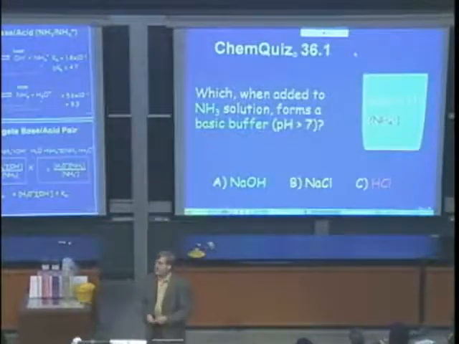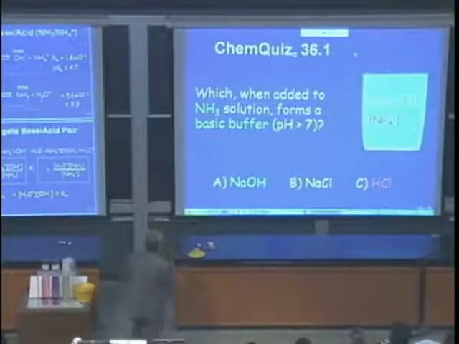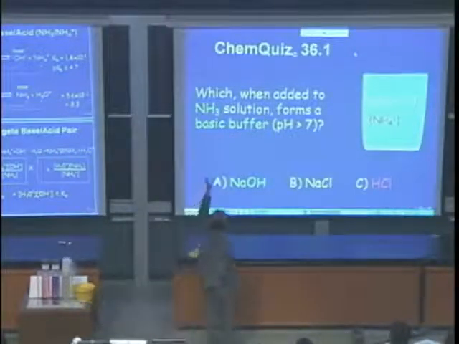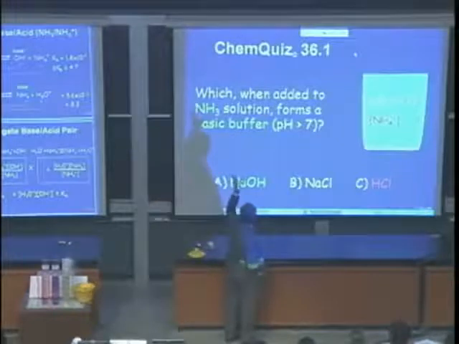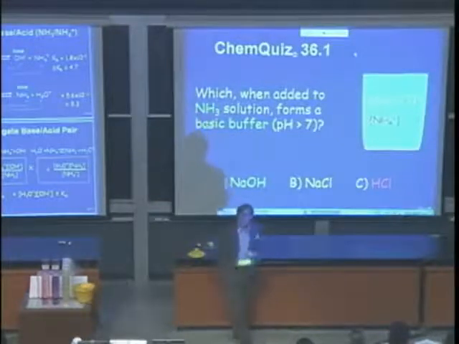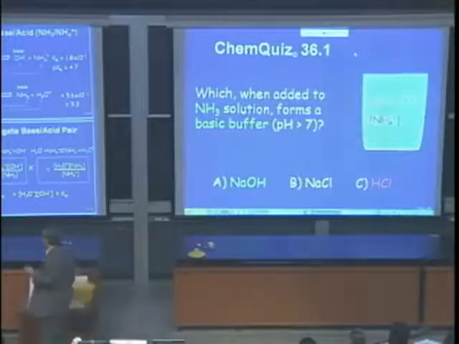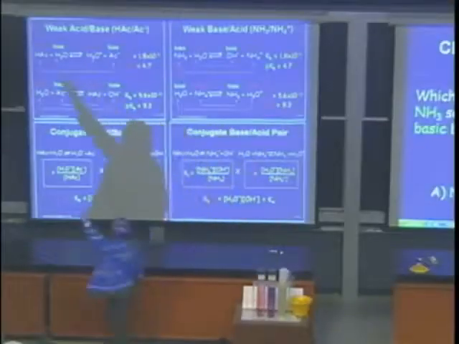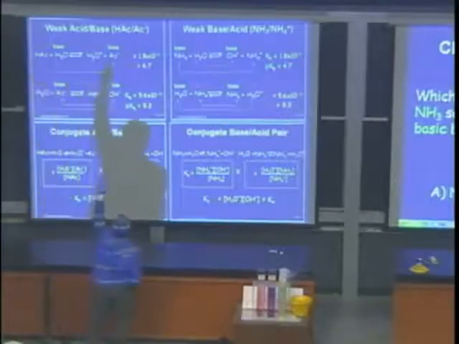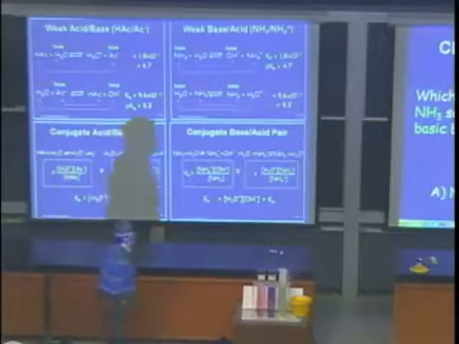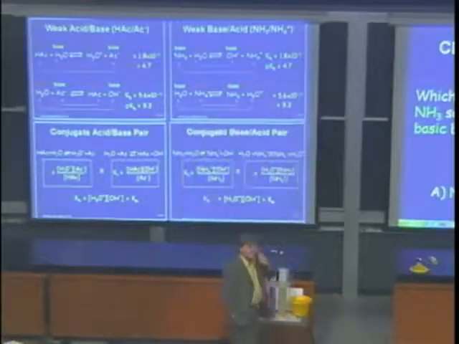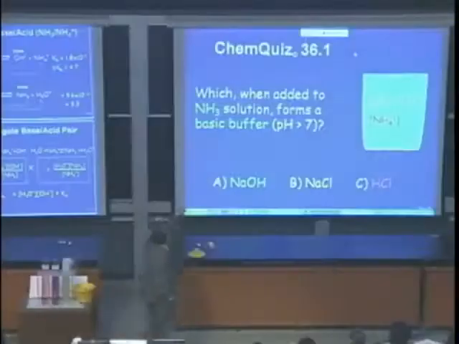So this is the same thing with the reverse meaning, actually, that I explained to you before, an acid and its conjugate base. The acid was acetic acid, and acetate was its conjugate base. Now I want a buffer that's in the basic region, and I want to make a buffer from ammonia.